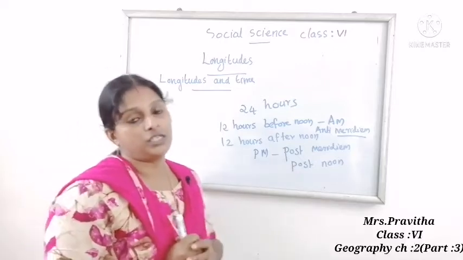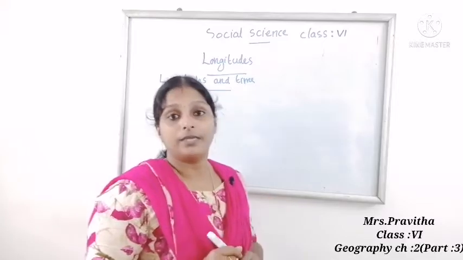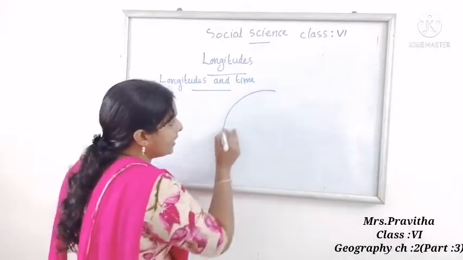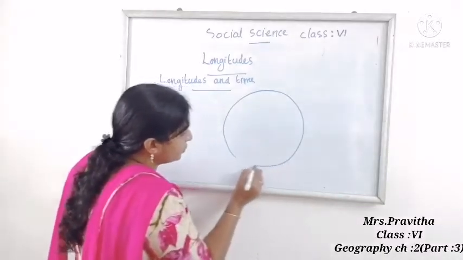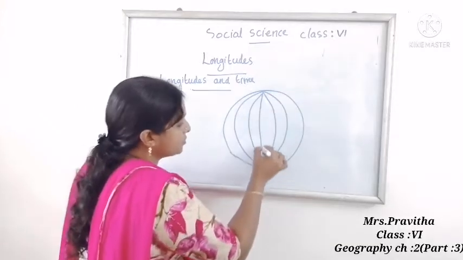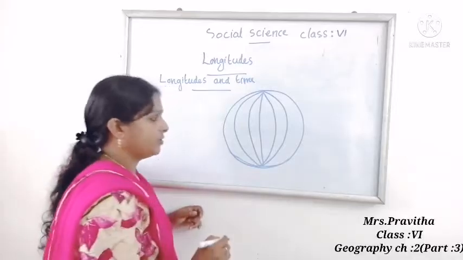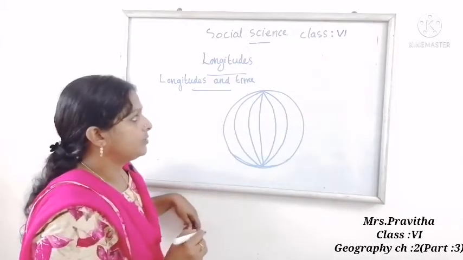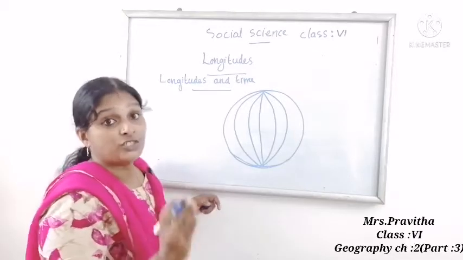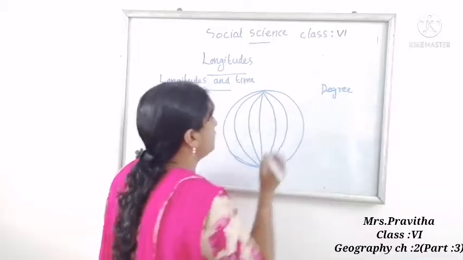Now we are going to study more about longitudes. Time is calculated on the basis of longitude. Ma'am told you the vertical lines drawn on the globe are known as longitudes. Longitude is also measured in terms of degrees.